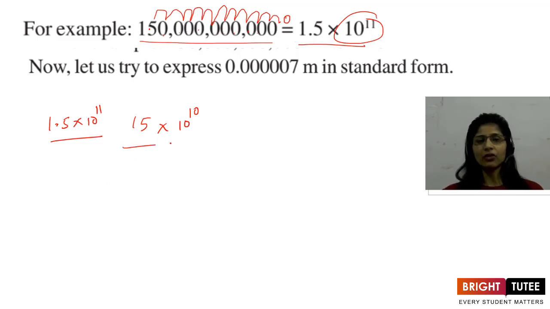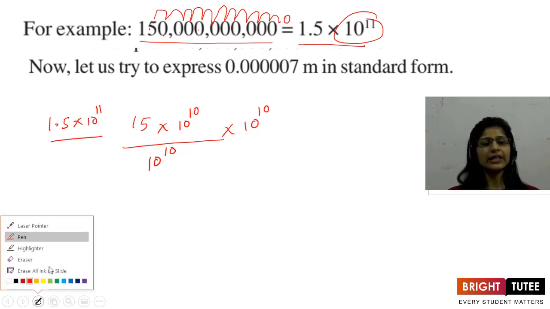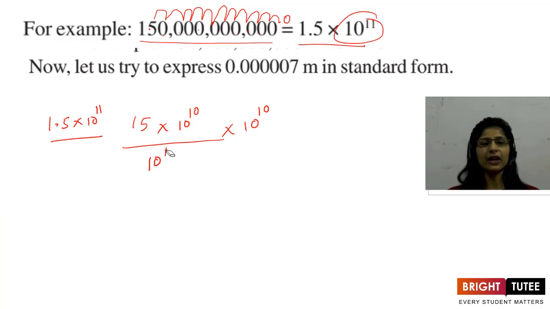Now I will divide it by 10 to the power 10. If I do that, I have to multiply also with 10 to the power 10, so one of them will get cancelled. Also, I have to put a decimal, so instead of 10 to the power 10, I have to write 10 to the power 11.